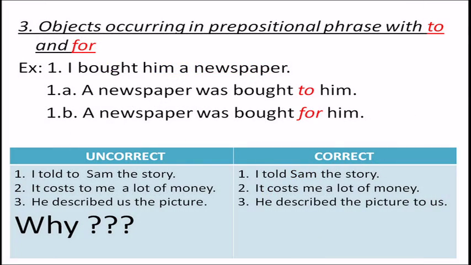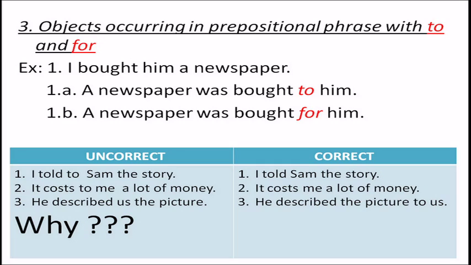Okay, the third point is objects occurring in prepositional phrases with to and for. It appears that distinguishing or identifying direct and indirect objects is not your problem, but many of you may be confused when you encounter objects that occur in prepositional phrases with to and for.